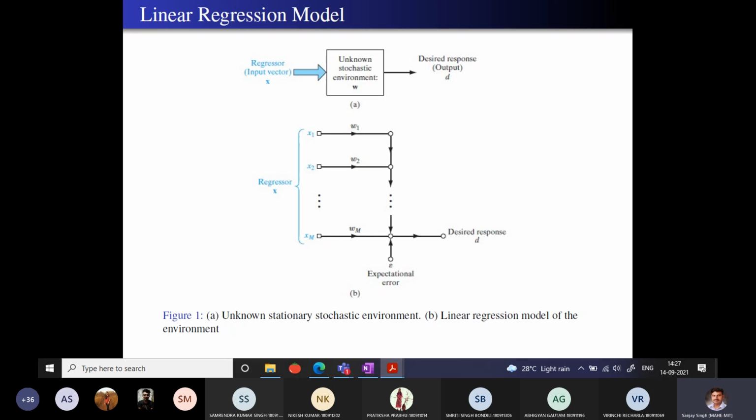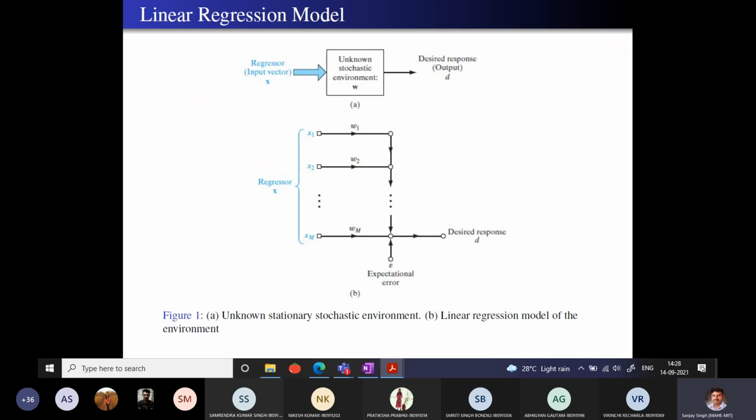For the linear case, we know that linear means some sort of linear combination of weights with the regressor. But what is not known is this weight. If I open this model from a linear perspective, it is nothing but the linearly weighted sum of the input attributes: W1 X1 plus W2 X2, etc. And as I told earlier, there is another term E, which is the expectational or explanational error.